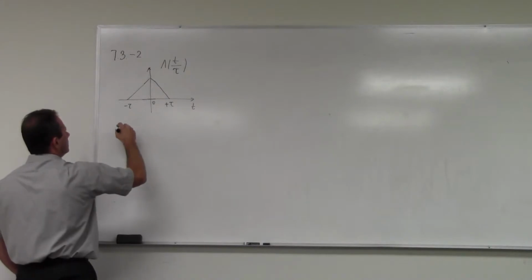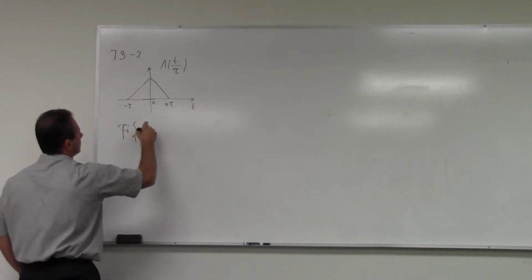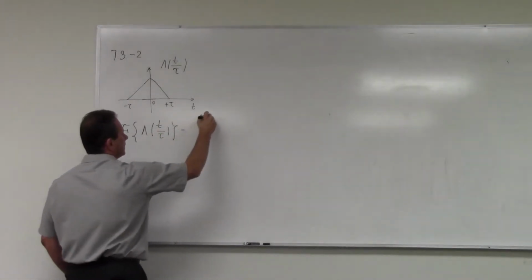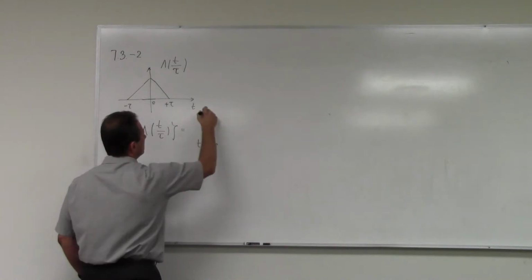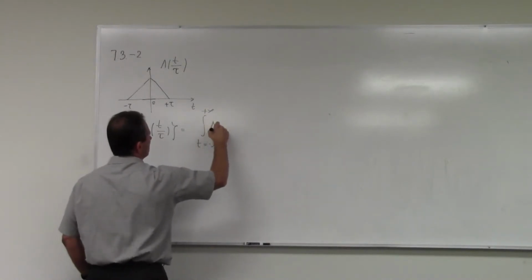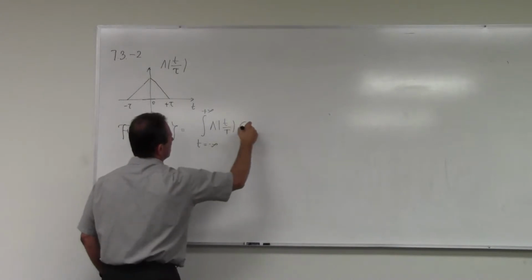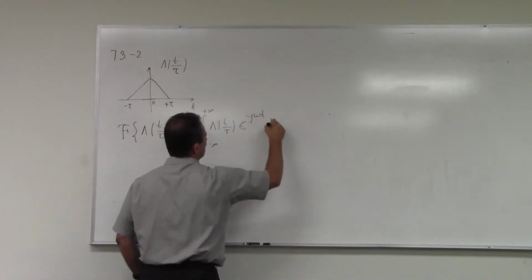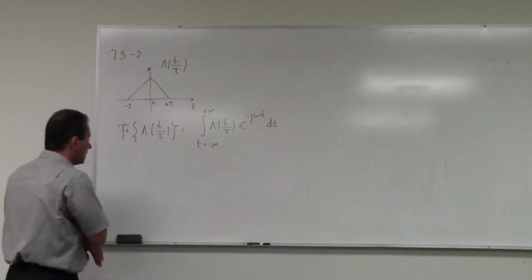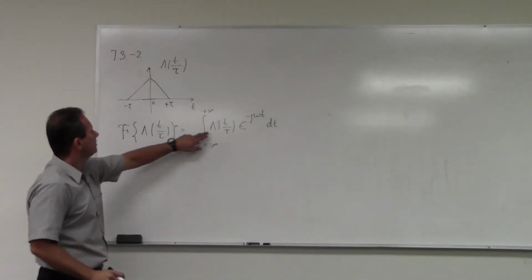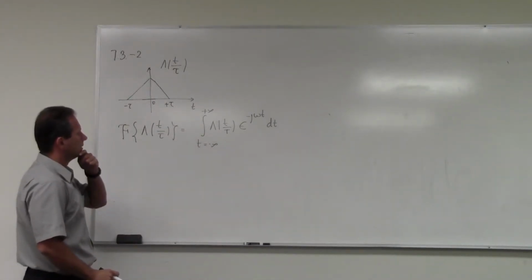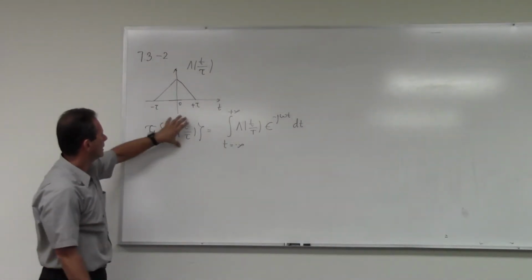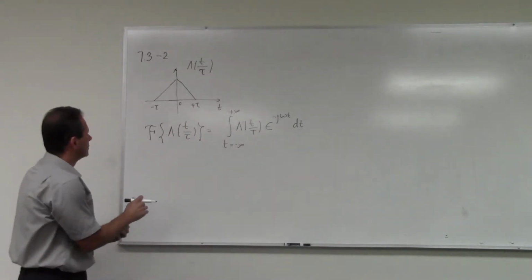So here the Fourier transform of lambda of t over tau is going to be the integral when t goes from minus infinity to plus infinity of lambda of t divided by tau, e to the minus j omega t dt. Now, this function lambda here, as you can see from the graph, is an even function. Therefore, this is the Fourier transform of the triangular waveform, and this is given by definition.